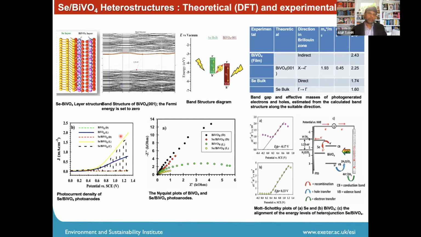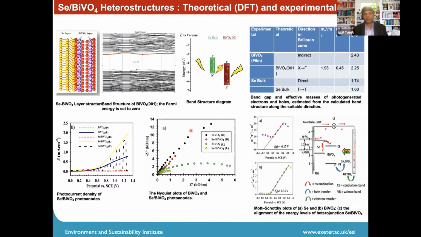So finally, our electrochemical studies and photocurrent study show that if we have the selenium deposited onto the substrate and then bismuth vanadate on top of that in layered form, it has much higher efficiency and produced much more photocurrent compared to the other combinations, which directly aligns with our computational study.